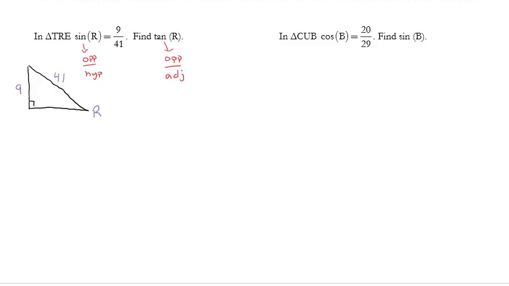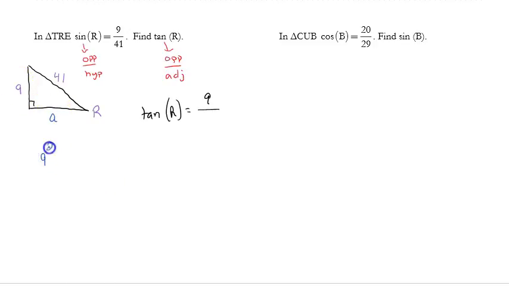I want to find out the tangent of angle R. I know the tangent is the opposite over the adjacent, so what I know for sure with doing no work other than labeling a triangle is that the tangent of angle R is going to be equal to the opposite of that angle, which is 9, over the adjacent. That's what we don't know yet. And that's where the Pythagorean theorem comes in.